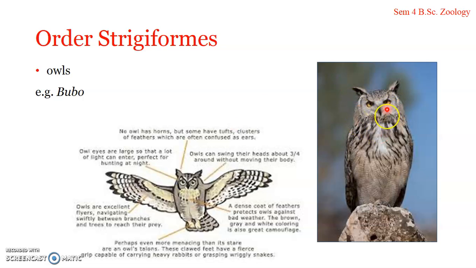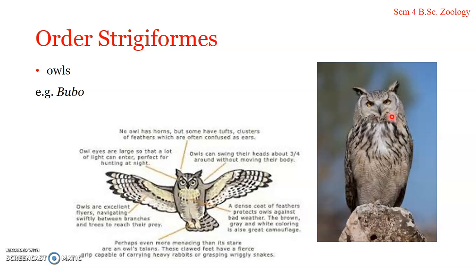The beak is slightly carnivorous type, very sharp and hooked. They are principal predators and nocturnal in habit.